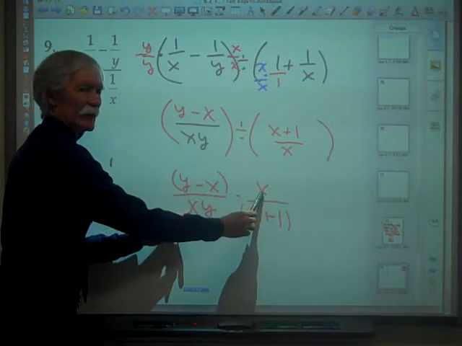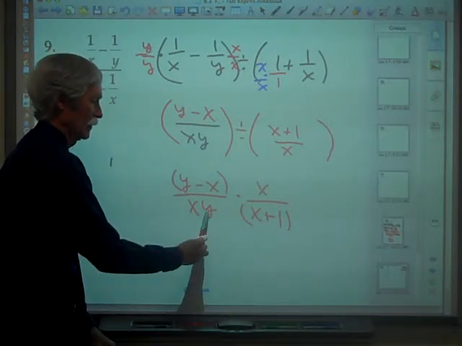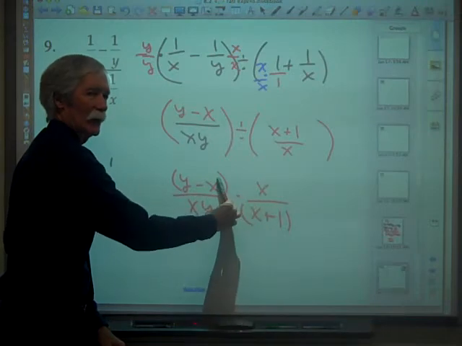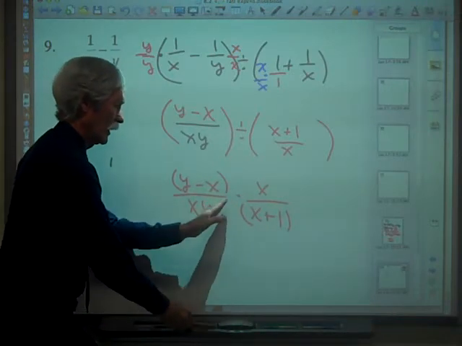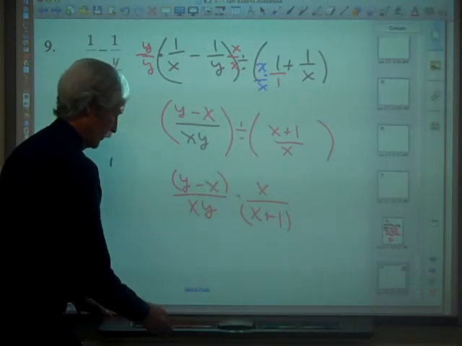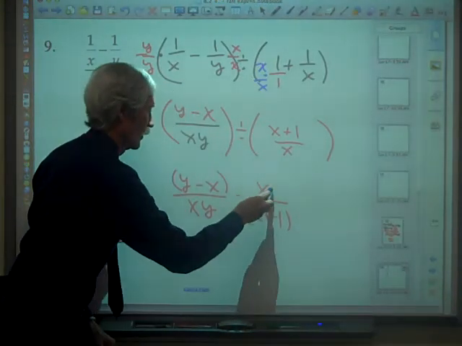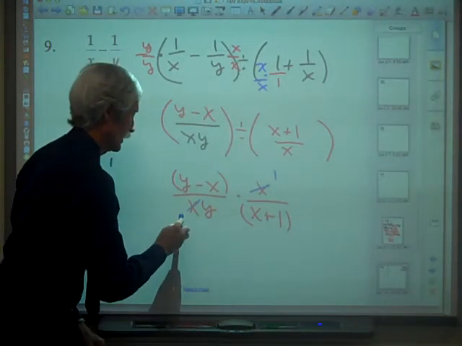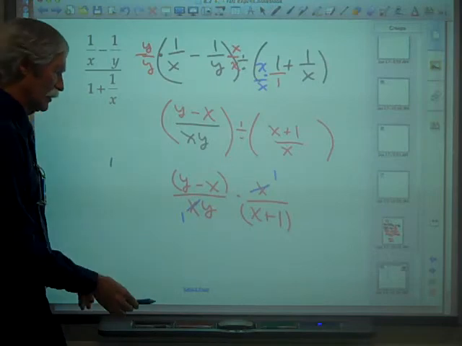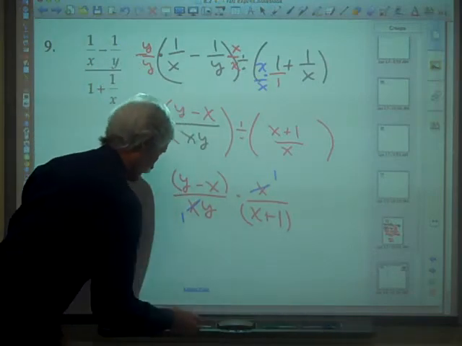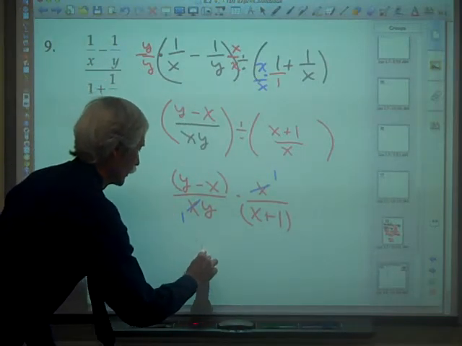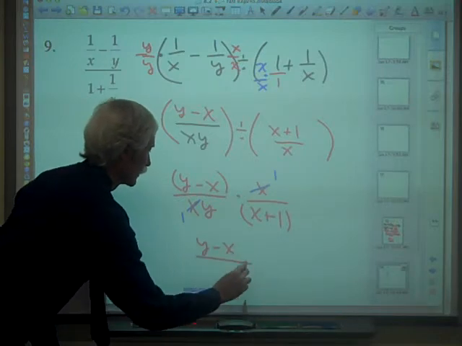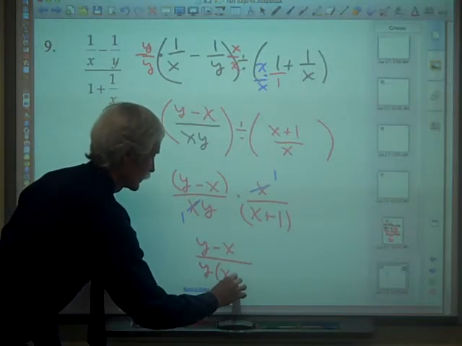Acorn said these two x's can cancel. Are these guys multiplying? And that guy's outside multiplying? Yeah. So they're all multiplying here, we can cancel. So that x will cancel with that x. So the x's are gone there. And we get y minus x over y times x plus 1.